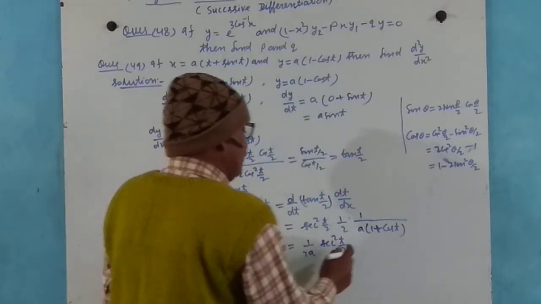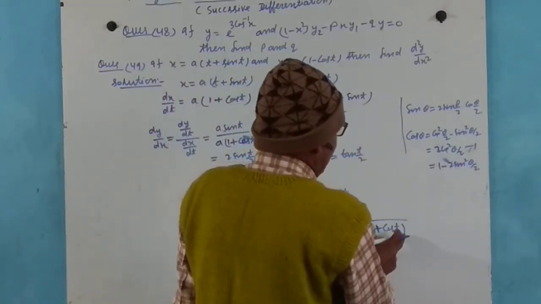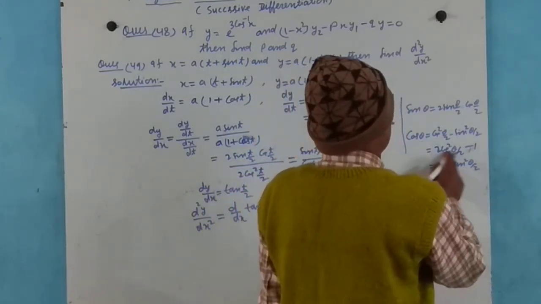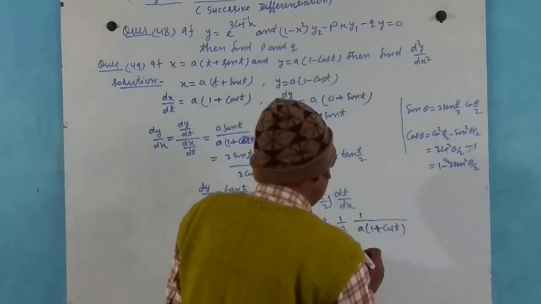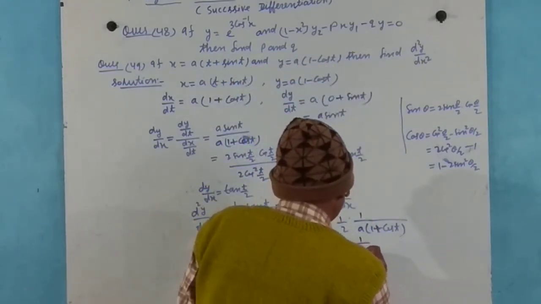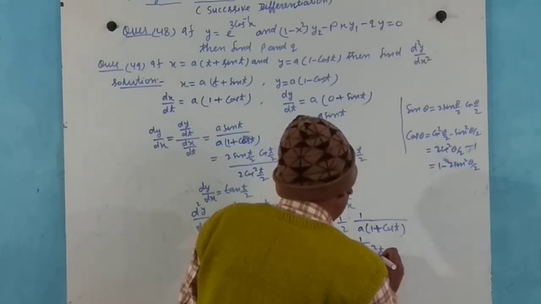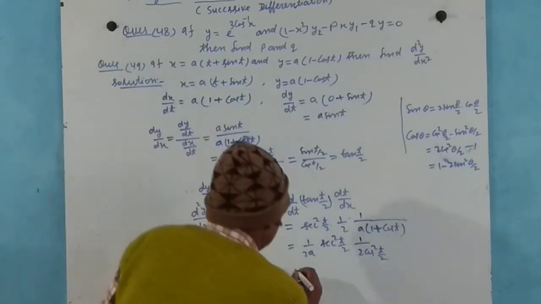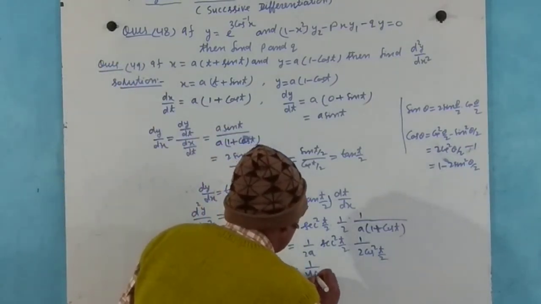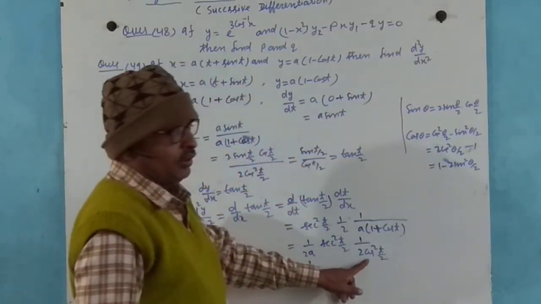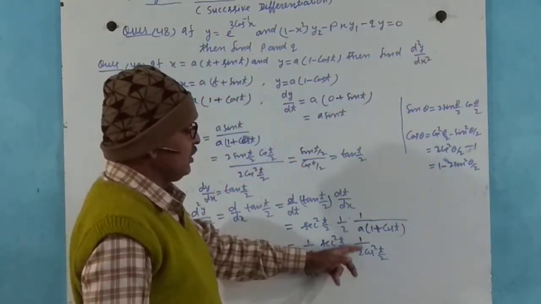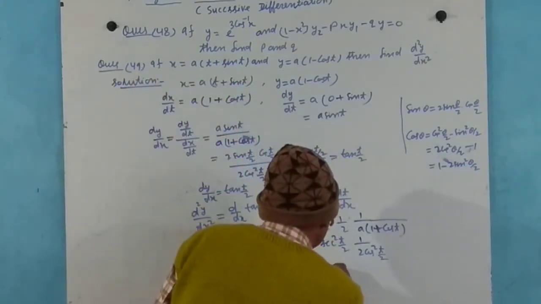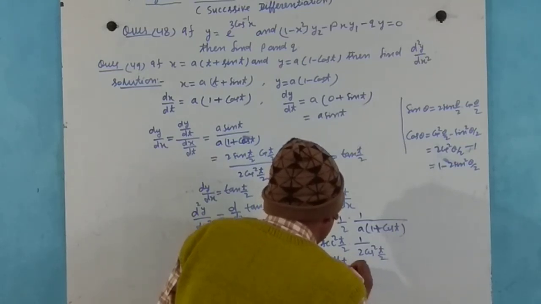This can also be written as 1 plus cos t equal to 2 cos square t by 2, so 1 by 2 cos square t by 2, so that 2 times 2 is 4, this is equal to 1 by 4a, and cos square t by 2 goes to the upper side, sec square t by 2 times sec square t by 2 is sec power 4 t by 2.